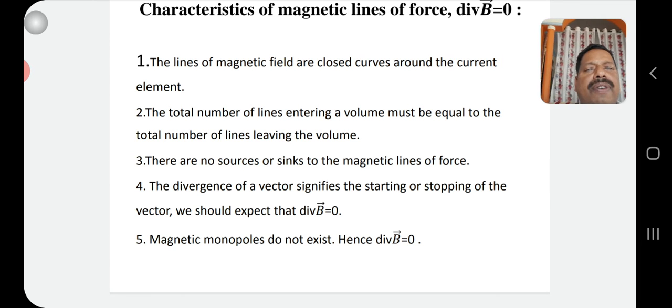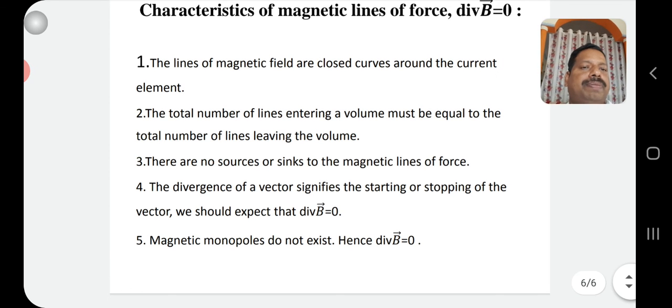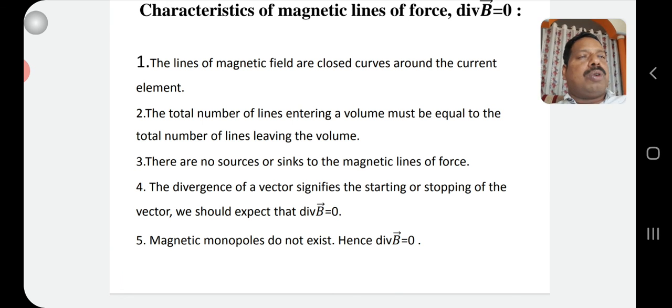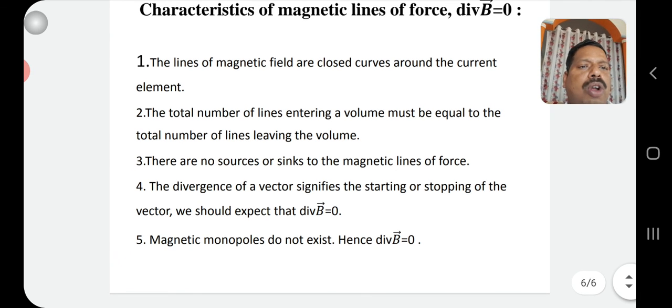The divergence of a vector signifies the starting or stopping point of the vector, that is, source point and sink point. We should expect that in the case of the magnetic field, div B is equal to 0, because there are no separate sources and sinks. So magnetic monopoles do not exist.